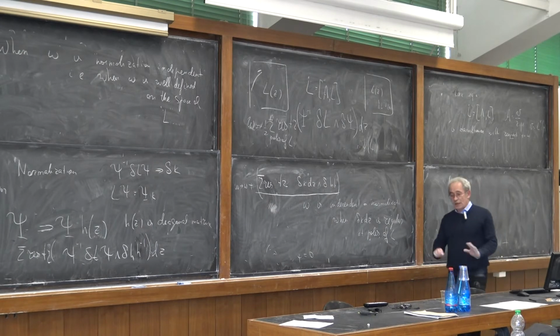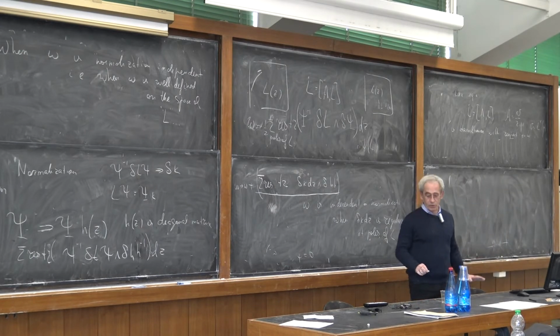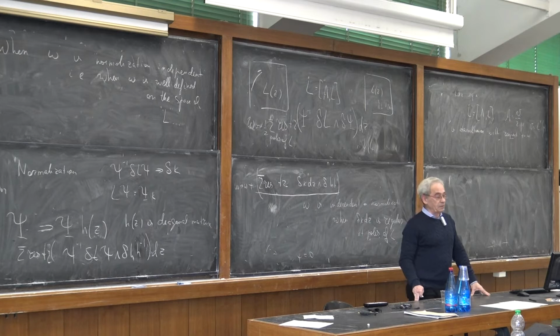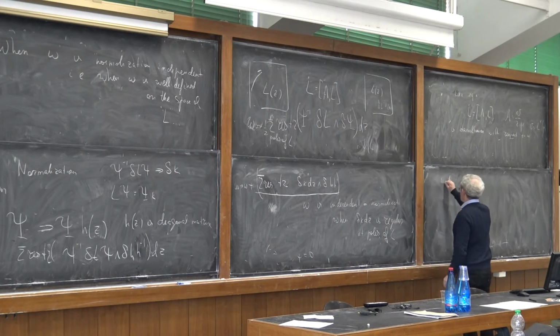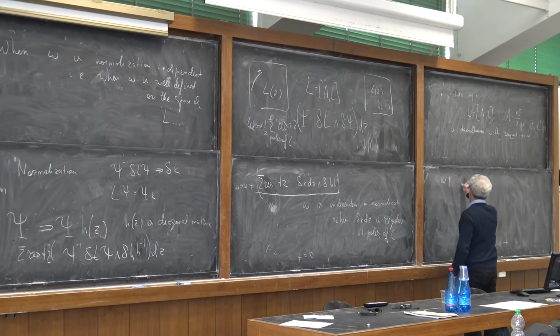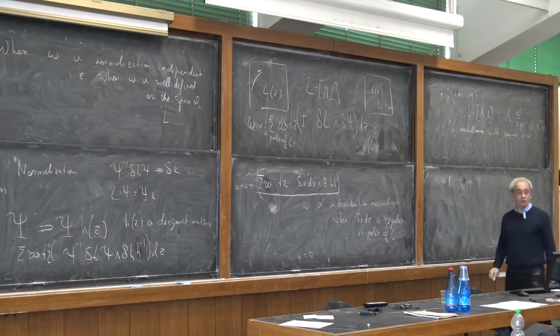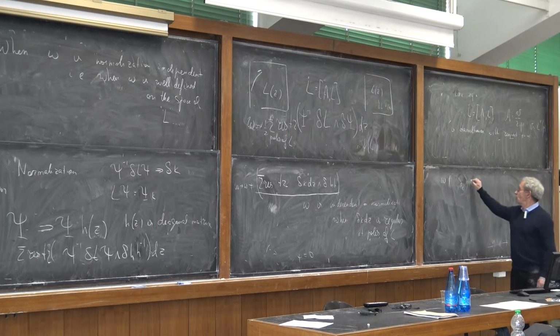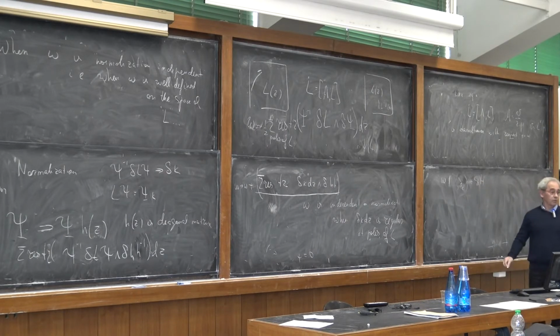At this moment, I'm not going to prove that this form is non-degenerate or closed. Let's prove the following identity. What is the definition of a Hamiltonian vector field? You have a two-form, you contract it with a vector field, and that has to be an exact one-form, or the full differential of some function.